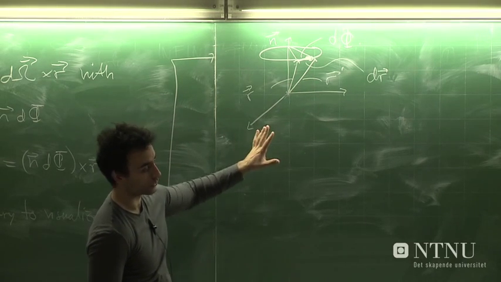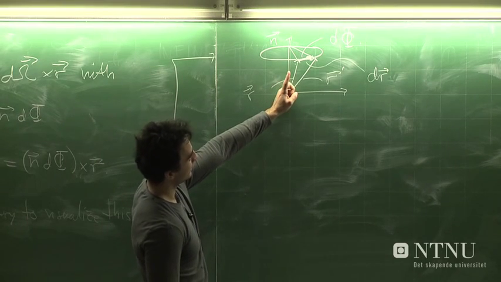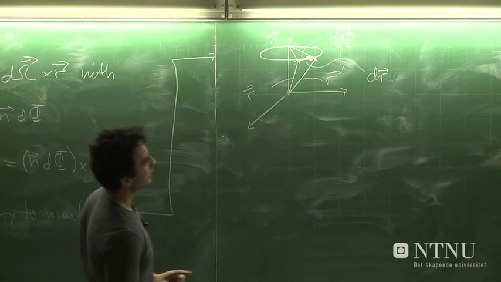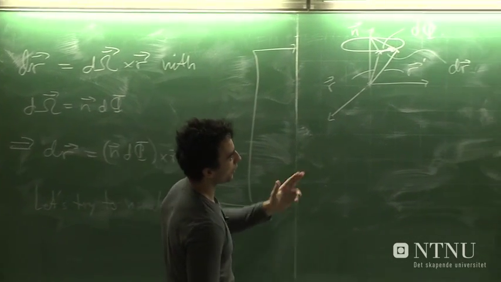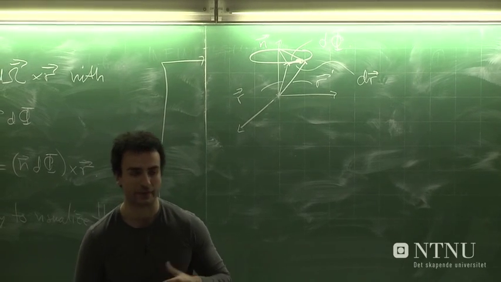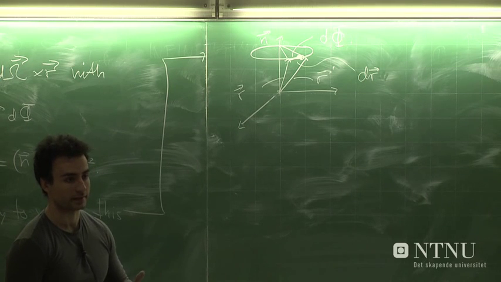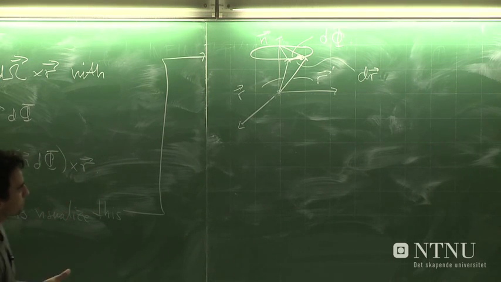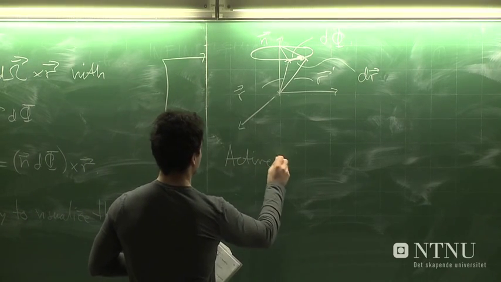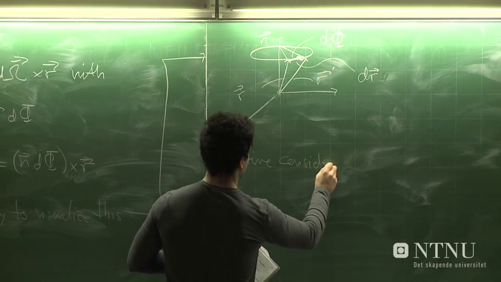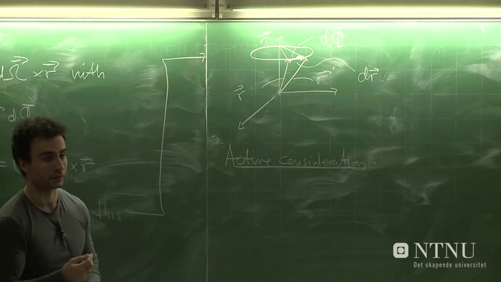The passive way is to consider a fixed r vector and then rotate the actual coordinate system so that we get a new r prime vector. The difference between the active and passive way is that you need a sign change. You need the opposite direction to have the same equation. So what we've done here is the active consideration.